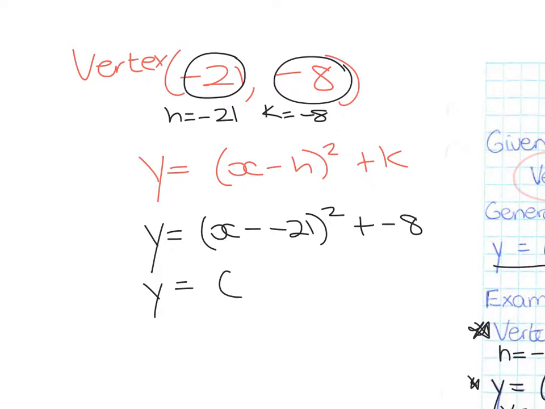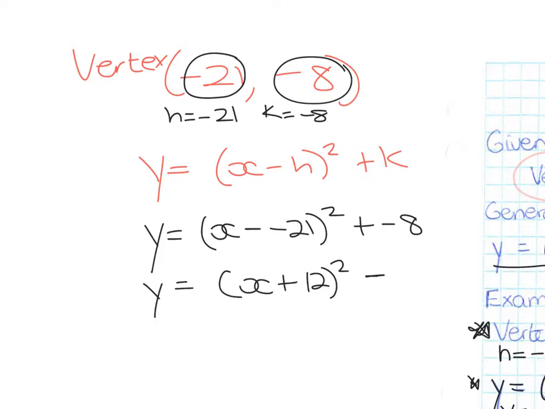So y equals x minus minus is a plus, 21 all squared. If we have a plus and take together, that makes it a minus 8. So if k is -8, this number will be -8. If k is +8, this number will be +8. But you just have to be a bit careful with this one in here. It's a little bit trickier, but that's all it is.